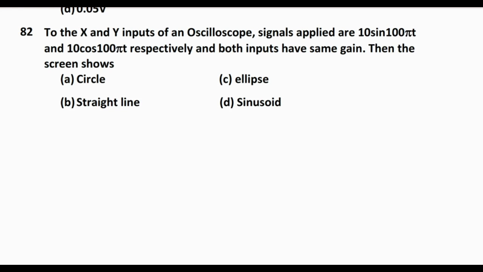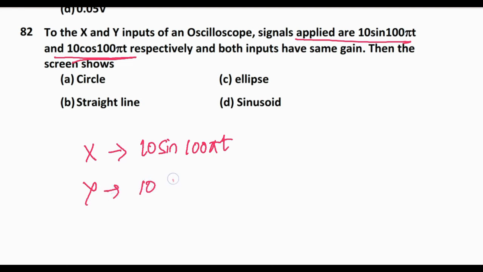This is a very simple question, and the confusing terms are these. X is given to be 10 sin 100 pi t and y is given 10 cos 100 pi t. So what will happen on the screen?